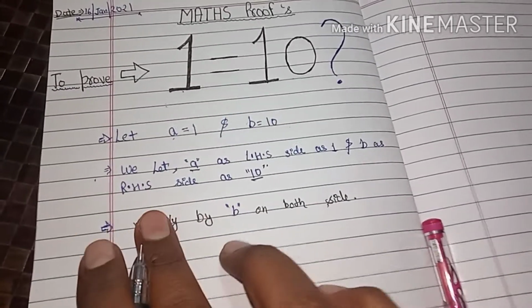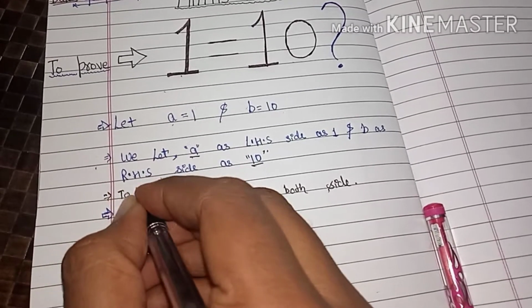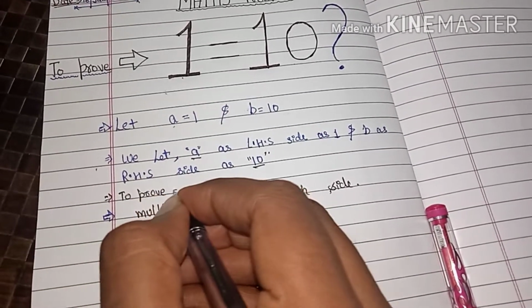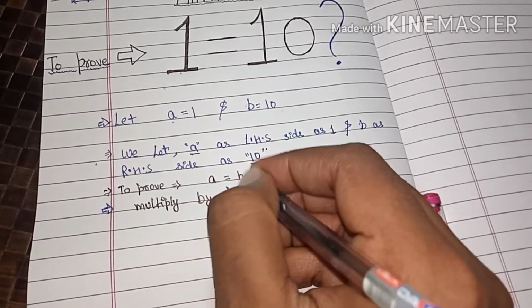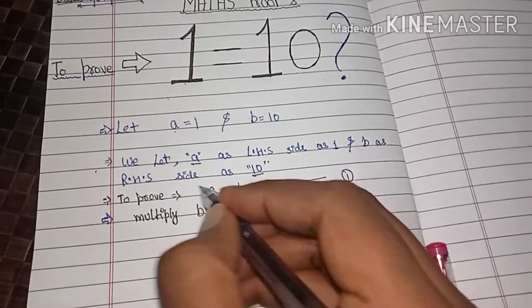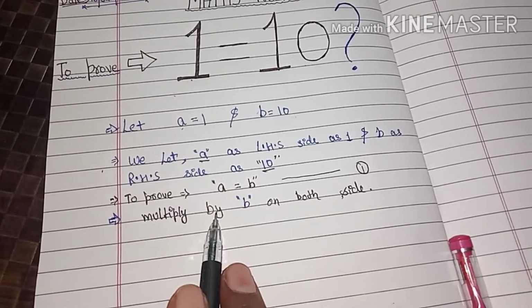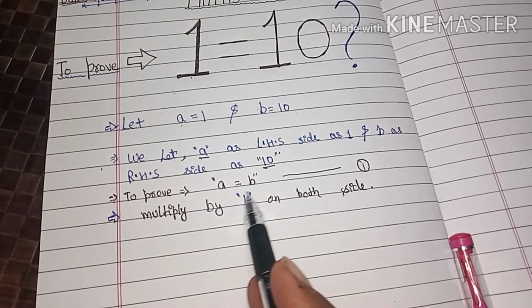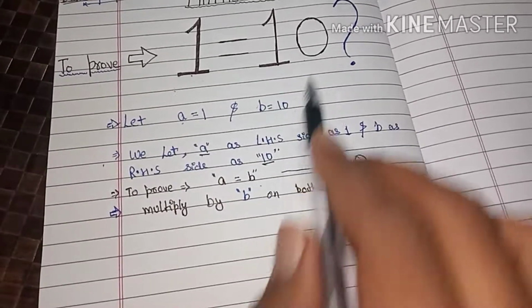So here we have to prove A is equal to B. This is equation 1. Here we will prove A is equal to B. We put A as 1 and B as 10.